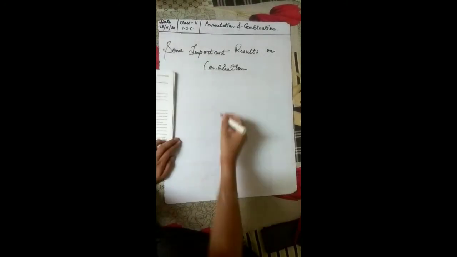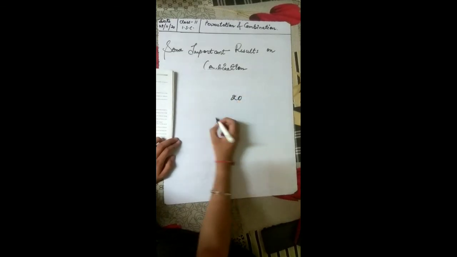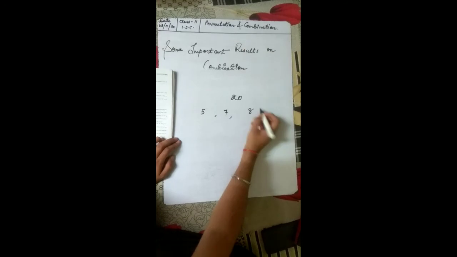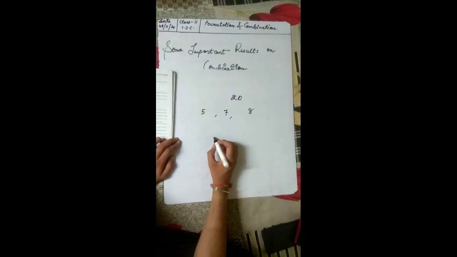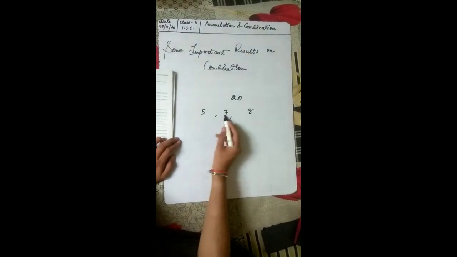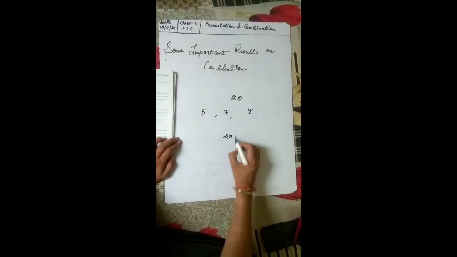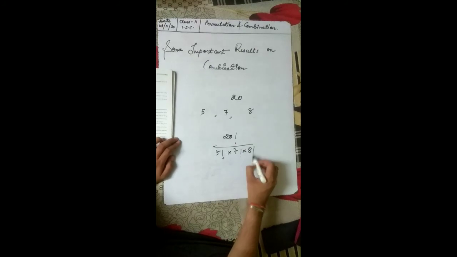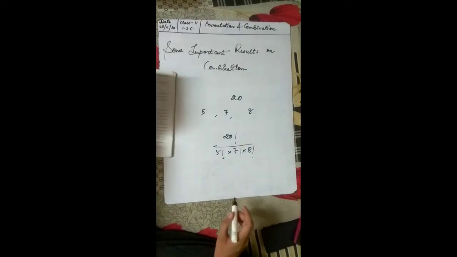So we will use the direct formula. You are given 20 articles, 5 in one, 7 in another, and 8 in the third. So total m plus n plus p, that is 5 plus 7 plus 8, is 20 factorial upon 5 factorial into 7 factorial into 8 factorial.